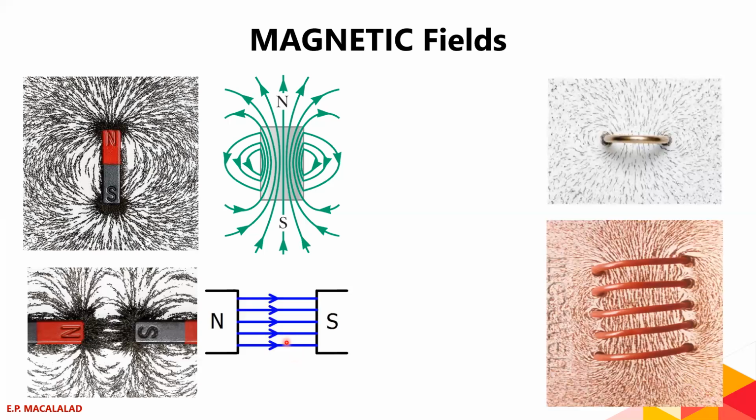So these are two examples of circular currents. This is a singular ring current. Take note of the term ring current. This is a current that is in a closed loop.